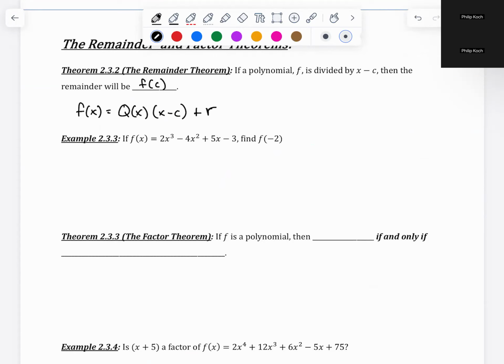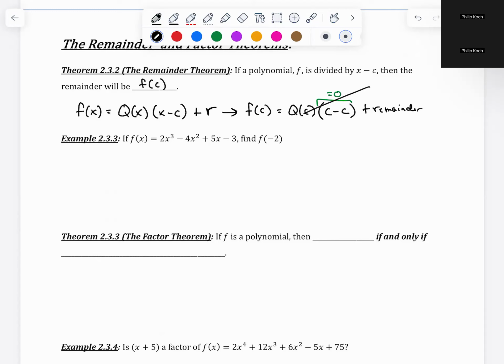And then if you plug in c, f of c is going to be q of c, which we don't know what that is. We don't know because this is an arbitrary polynomial. It would be some number, but that doesn't matter because it's being multiplied by c minus c, which is 0, plus your remainder.